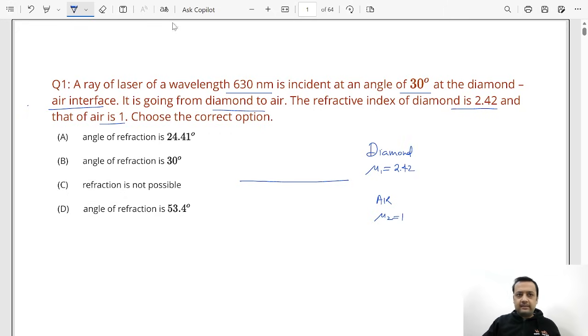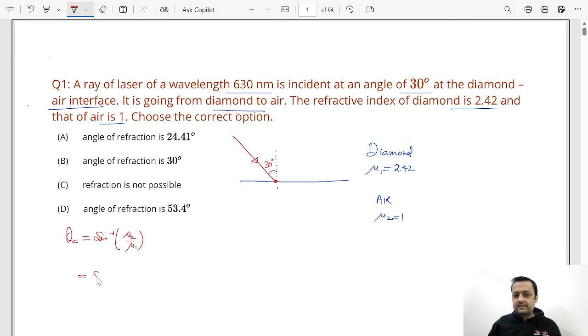All right, and the incident ray is incident at an angle of 30 degree. Okay, this angle is 30 degree, and the question is asking about the angle of refraction. Now one thing you must notice here is that the angle of incidence is greater than critical angle. Theta critical is equal to sine inverse of mu2 by mu1.